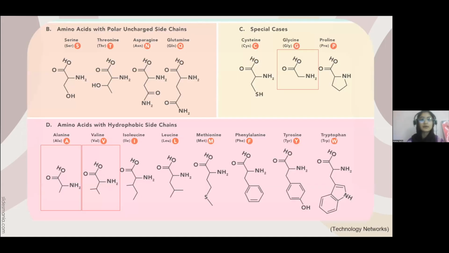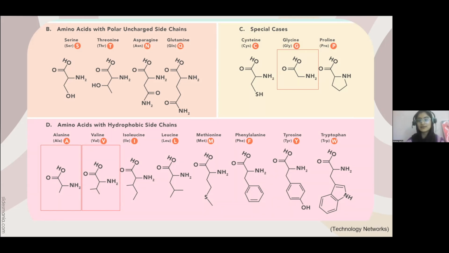Now, I've been talking about different methods of approaching and quantifying how complicated a molecule is. But is there any consensus on which amino acids are consistently rated the most complex and which are consistently rated the least complex? And it turns out, yes, there is. So here, highlighted with the red squares, you can see that glycine has a very simple structure compared to the other amino acid structures that you can see.